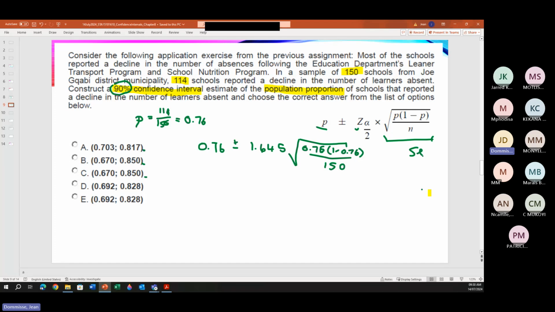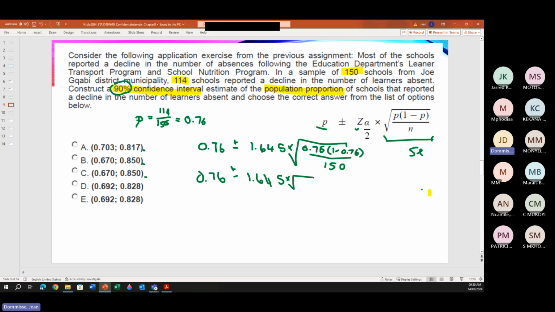So let's work out the standard error first. 0.76 times 0.24 is 0.1824. That divided by 150. So let's just add the step for you guys, and for everybody watching it later. That is a multiply.